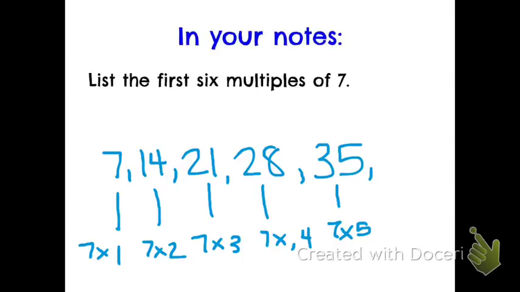And then 7 times 6, 42. So I have my examples of the first 6 multiples of 7. That would be the answer to this problem.